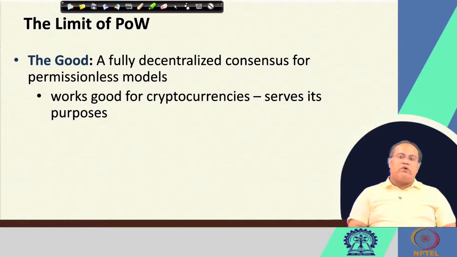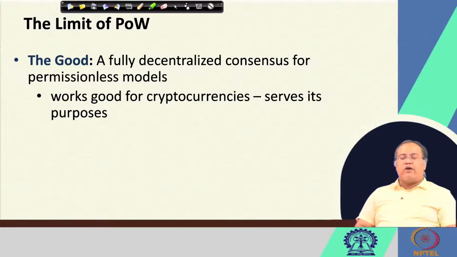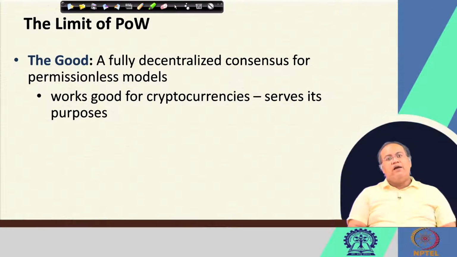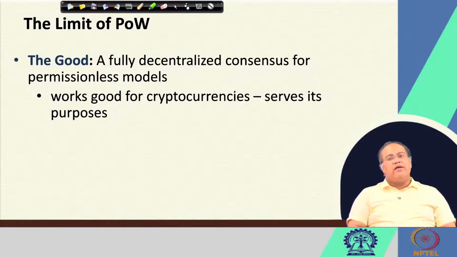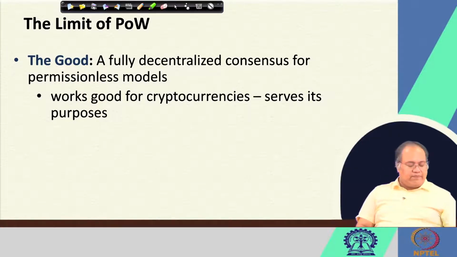So, no bank or government would be able to control the flow of money. It depends entirely on the underlying algorithm based on which the money flows and the transactions that people generate. That way, in the cryptocurrency domain, the objectives envisioned by the developers of cryptocurrencies are being satisfied. That is the good thing behind the proof of work consensus mechanism.